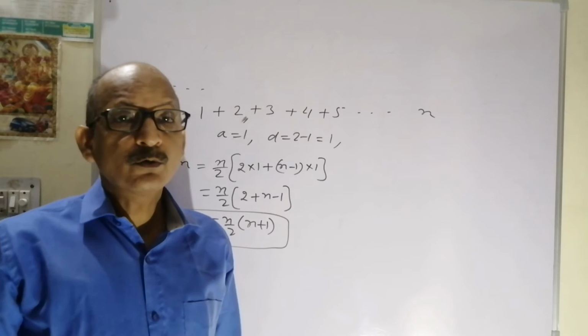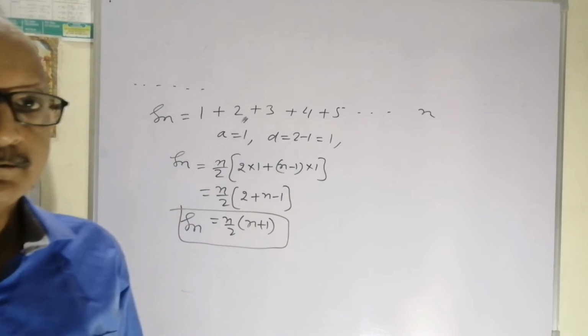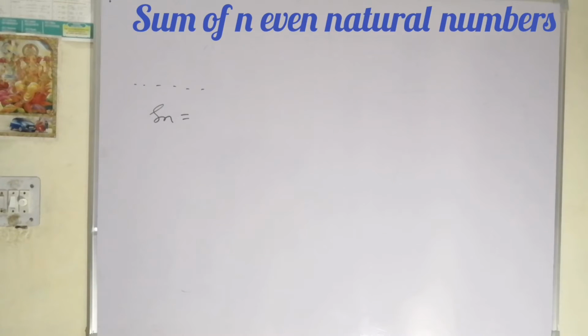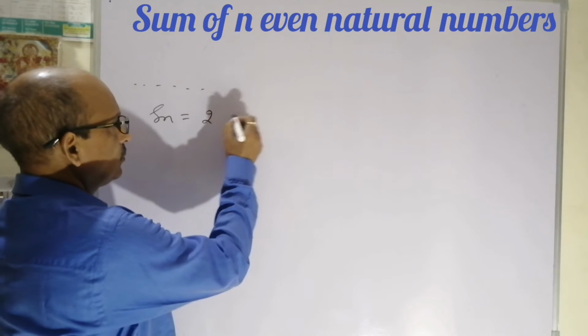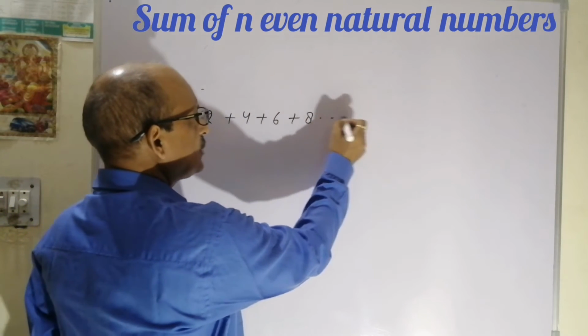Next we are going to discuss the sum of n even natural numbers. The question is the sum of the first n even natural numbers. So what are the numbers? They are 2, 4, 6, 8 and so on.